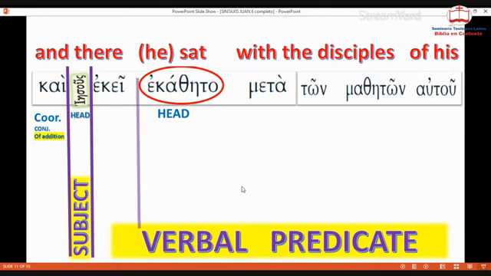As you can see, ekei is an adverbial phrase functioning as a circumstantial complement of place, and it is also the head of the adverbial phrase. Okay.